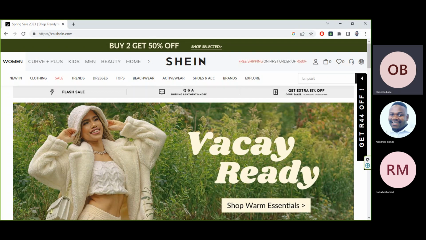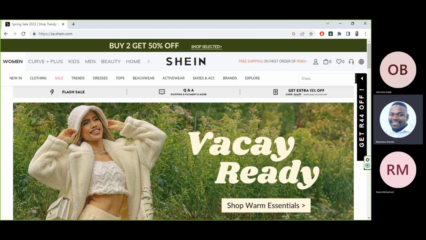Shein is literally everywhere. For example, on games, if you have a Candy Crush game, when it goes to adverts, Shein pops up literally every day. I have another sword game, and Shein pops up everywhere. On social media, Shein is there. So it's everywhere.